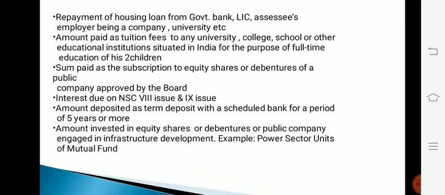Amount paid as tuition fees to any university, college, school or other educational institutions situated in India for the purpose of full-time education of his 2 children.